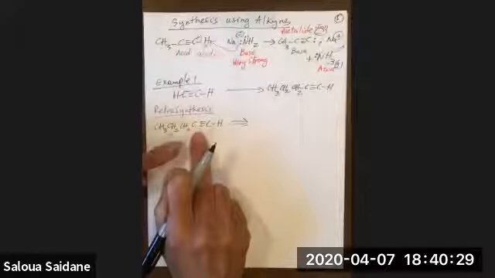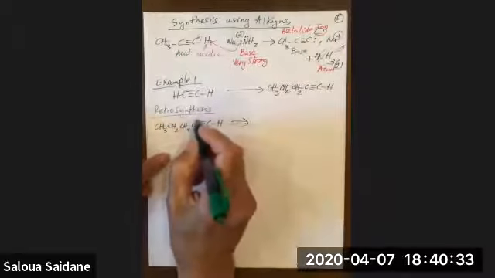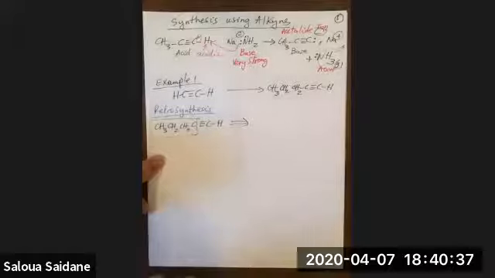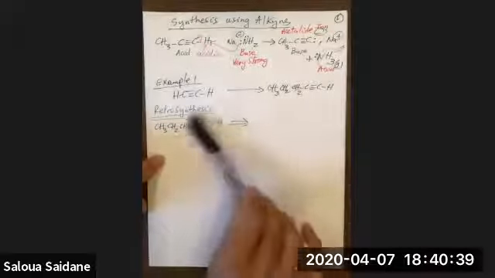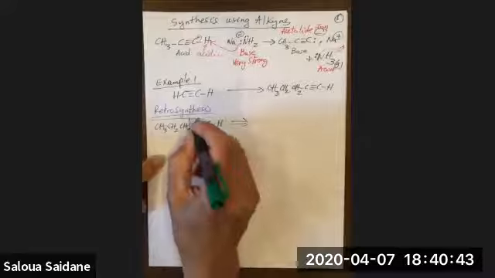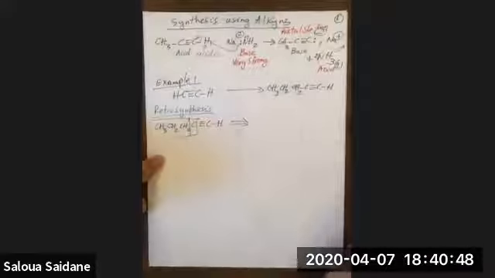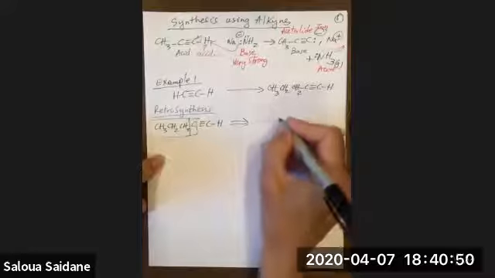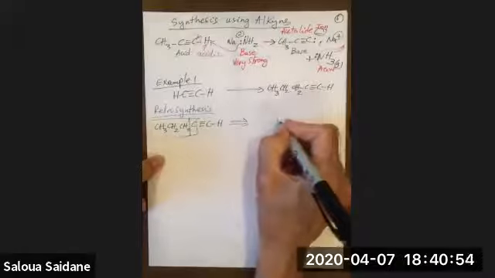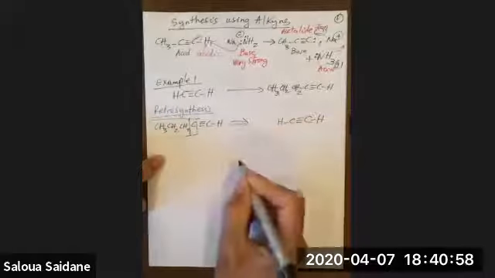It looks like in here, we added this part. So we added this. It means we started with this. So how do I go from this substance? So basically, we need to go from HCCH to this.